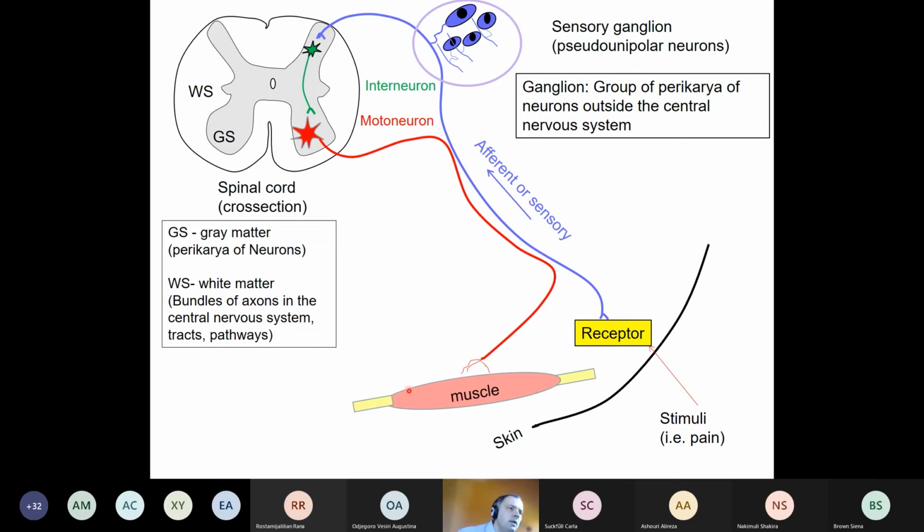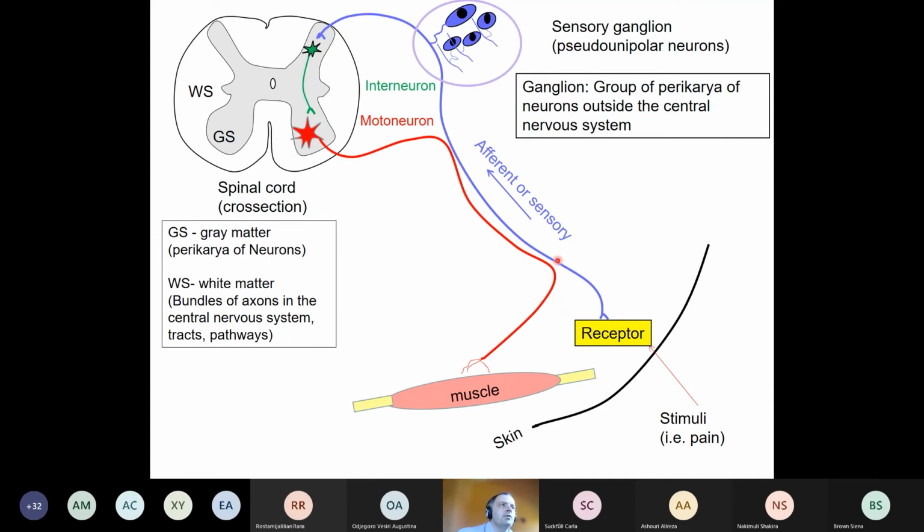Now, the muscle can perform a movement. So if I picked up a hot object and I decide to drop it, then through this way I can cause a muscle contraction which stretches the fingers, and I drop this particular object.